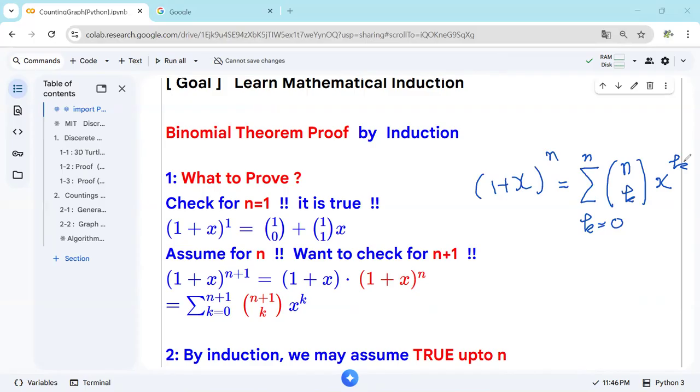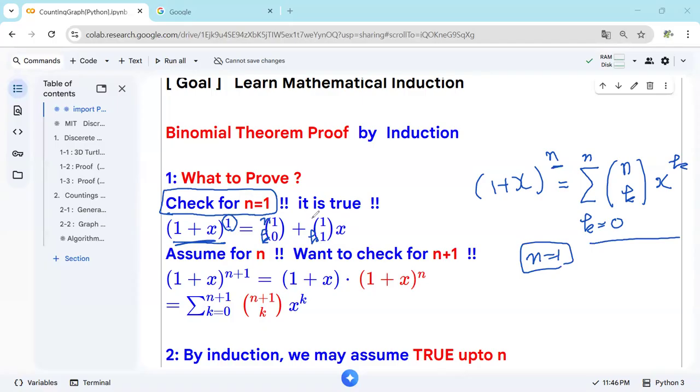In this case, first of all, we must prove the case n is 1, the smallest possible case. So check for n equal to 1. So 1 plus x. Now n is 1, and k is 0 and k is 1 in this formula.